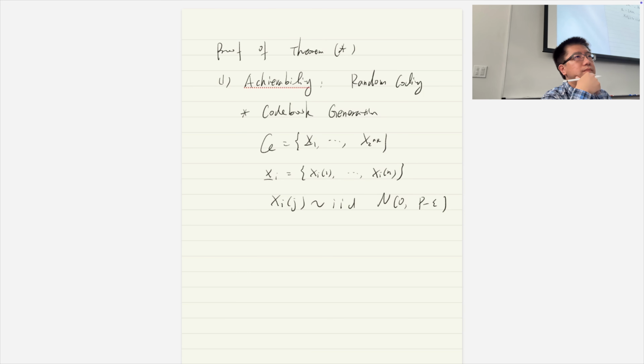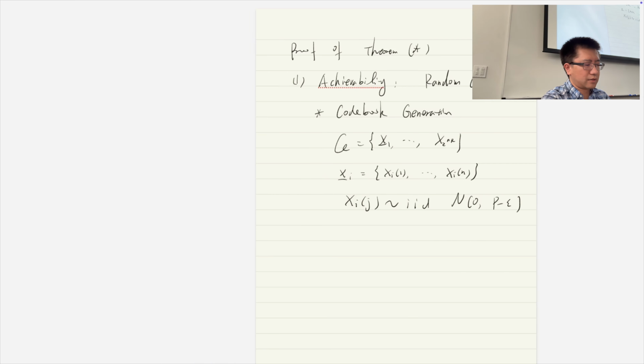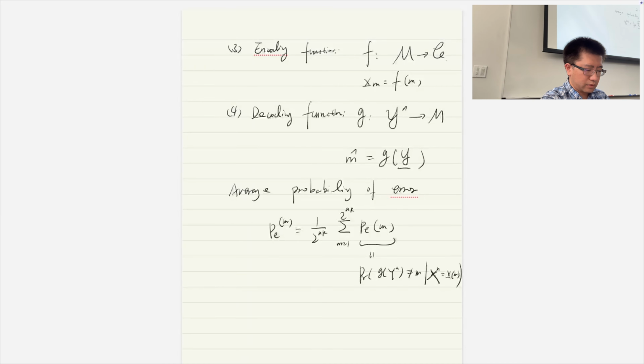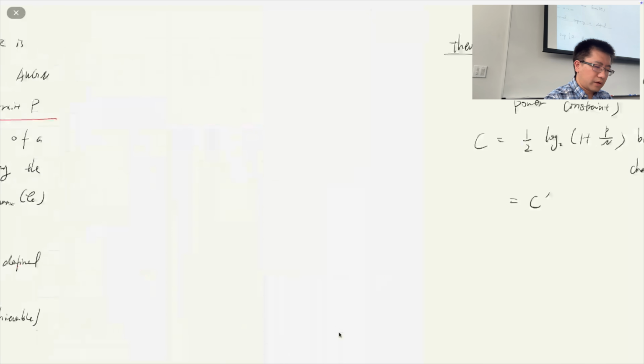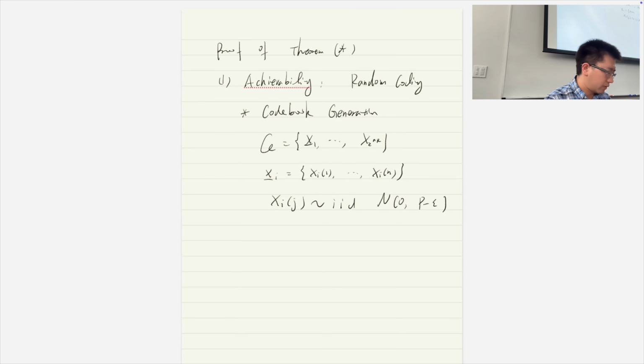Why do we need a minus epsilon here? We just take a slightly smaller variance because we have this constraint, and we want it to hold with high probability as n becomes large. With epsilon there, we can show that. Okay, very good, so this is the codebook generation.